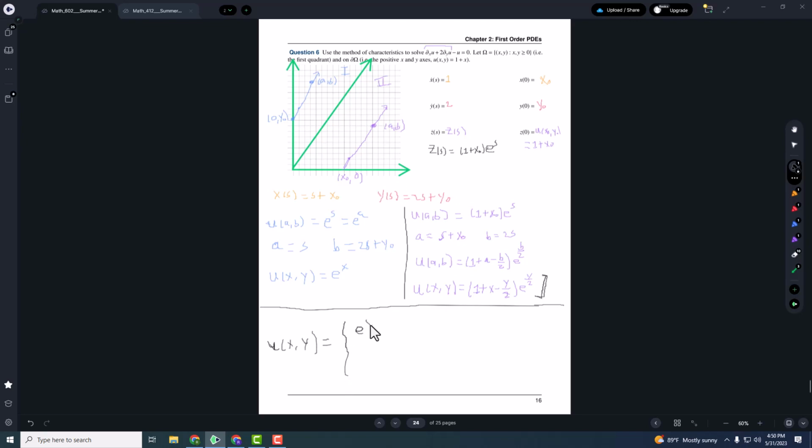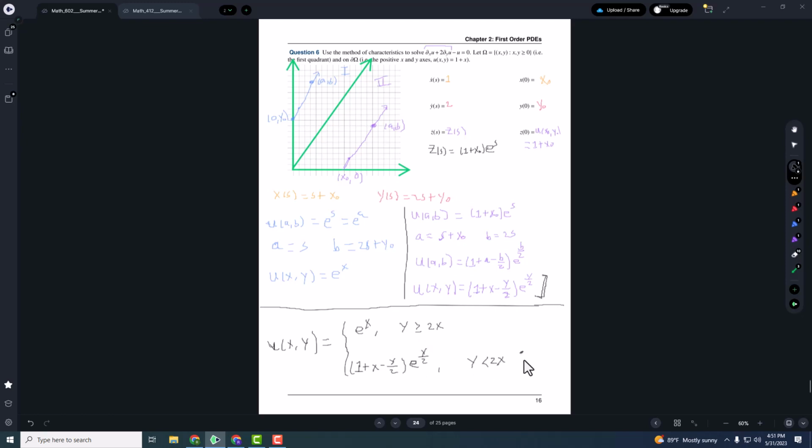So it's going to be e to the x when you're in region 1, but in terms of inequalities, this is when y is greater than or equal to 2x, and then it's going to be 1 plus x minus y over 2, times e to the y over 2, when y is less than 2x. Okay, so this is the solution. We have to write it in this piecewise way, but there it is.